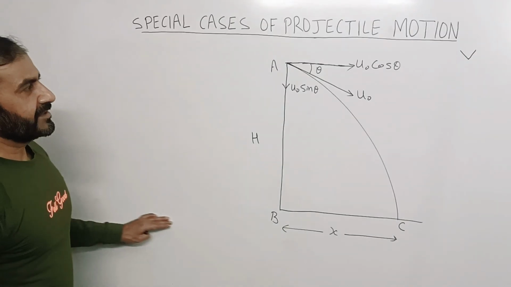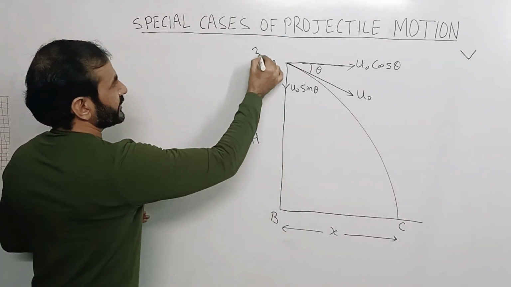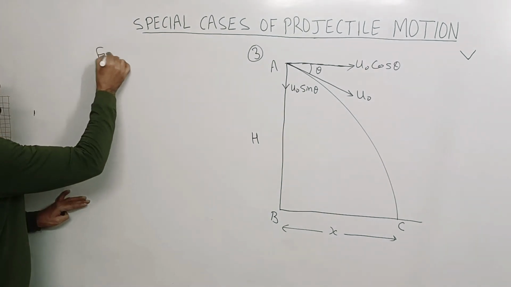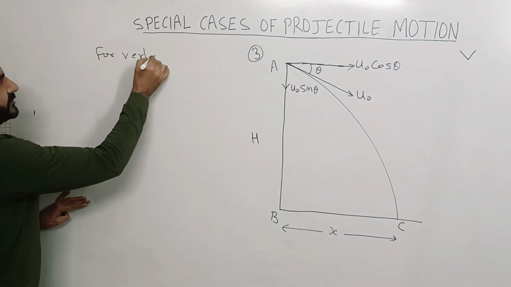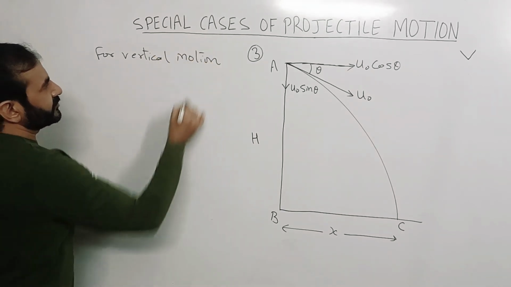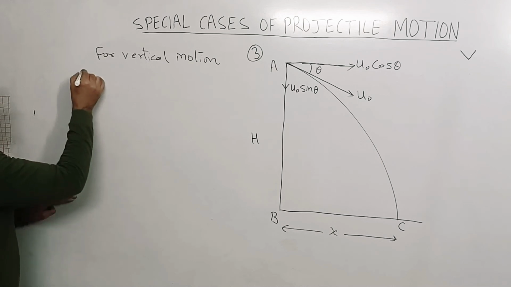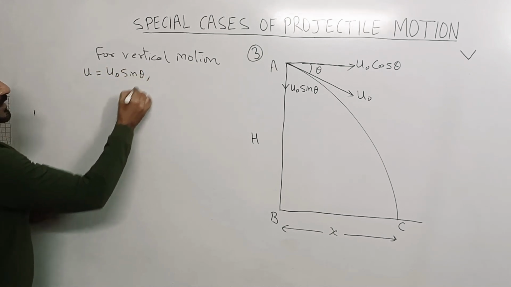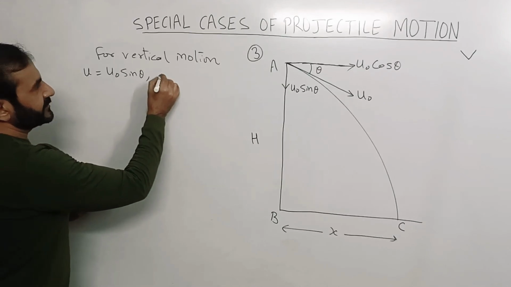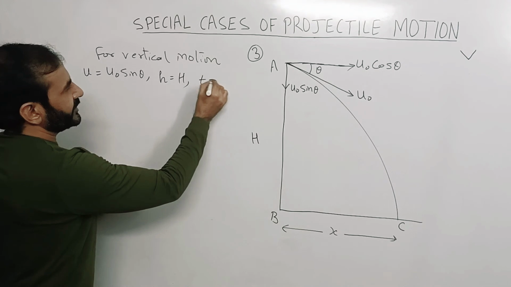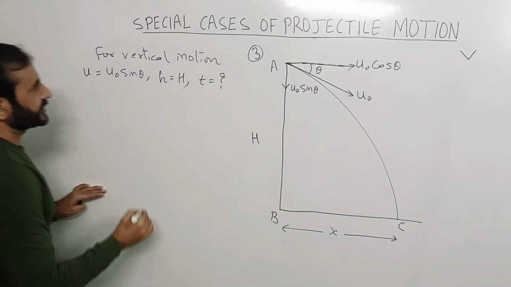Okay, we'll take vertical motion. For vertical motion, what is u? U naught sin theta. What is height h? Capital H again, and you have to find t.